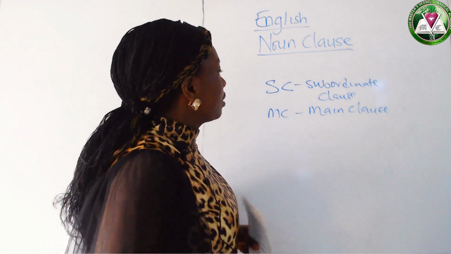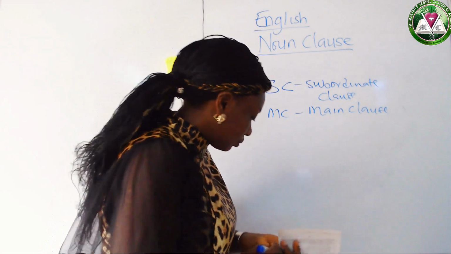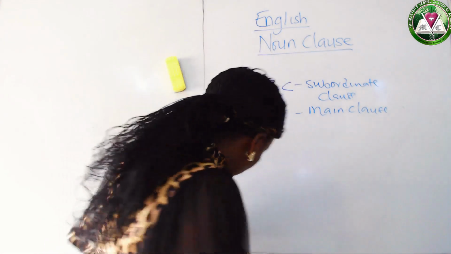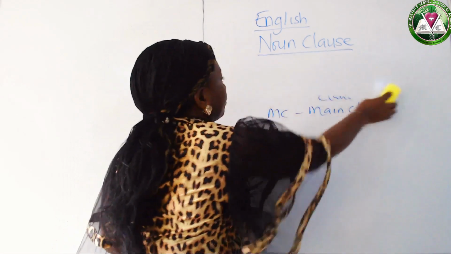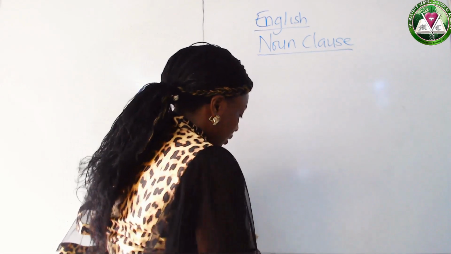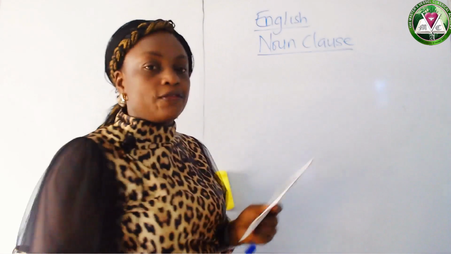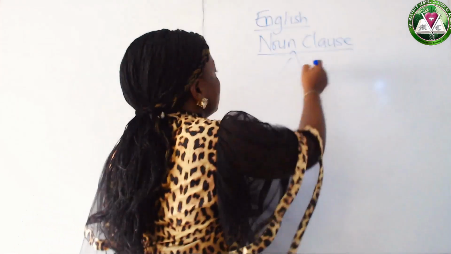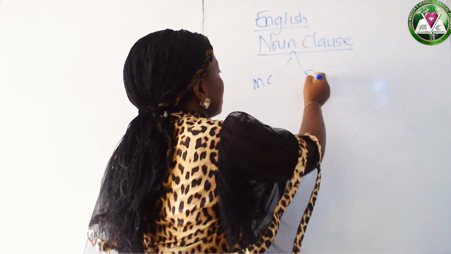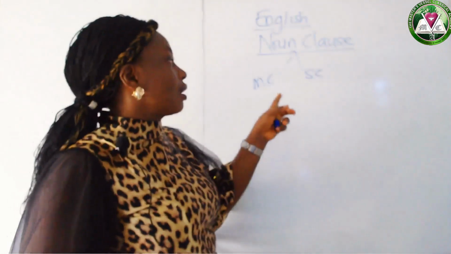Okay. Then I said earlier that we have two types of clauses: MC, which is main clause, and SC, which is subordinate clause.